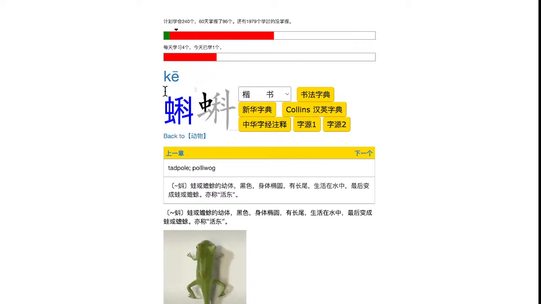So if you see this part of the character, that means this is related to animals, particularly insects or worms. So here is 科, and then the right side, I think you guys know, is the 科学, science. So this part represents the sound.